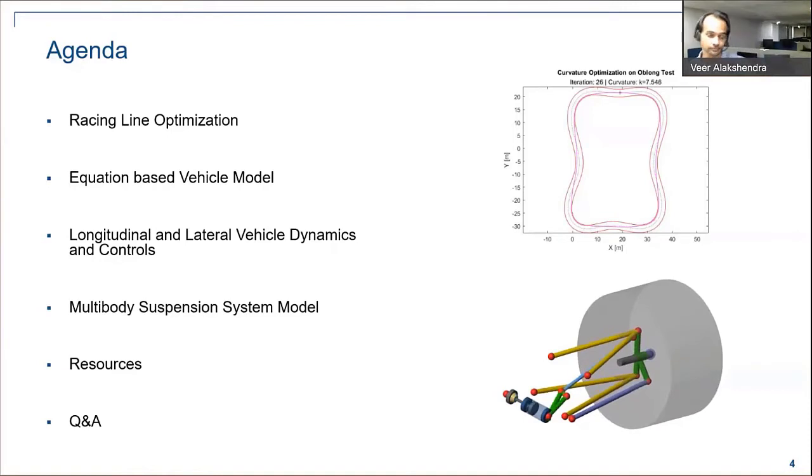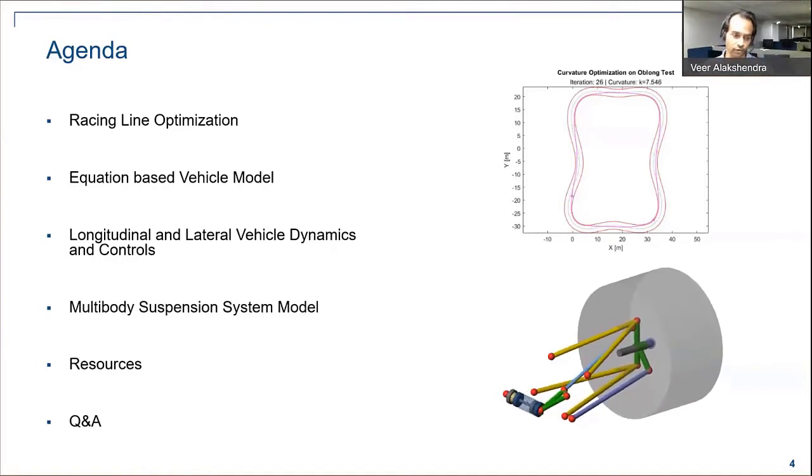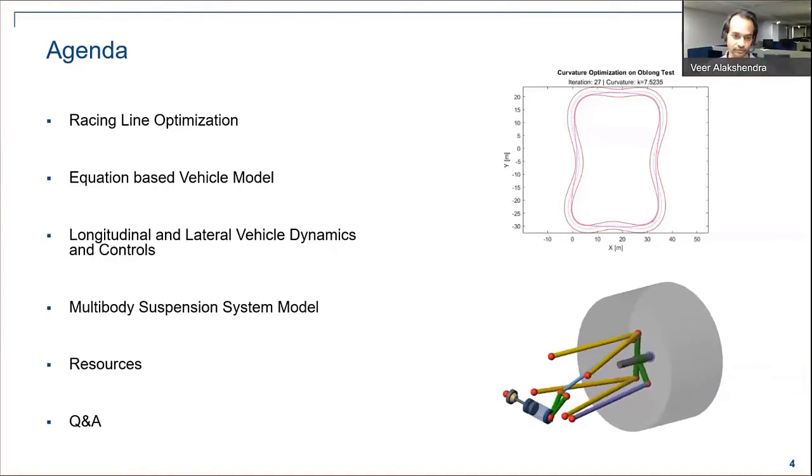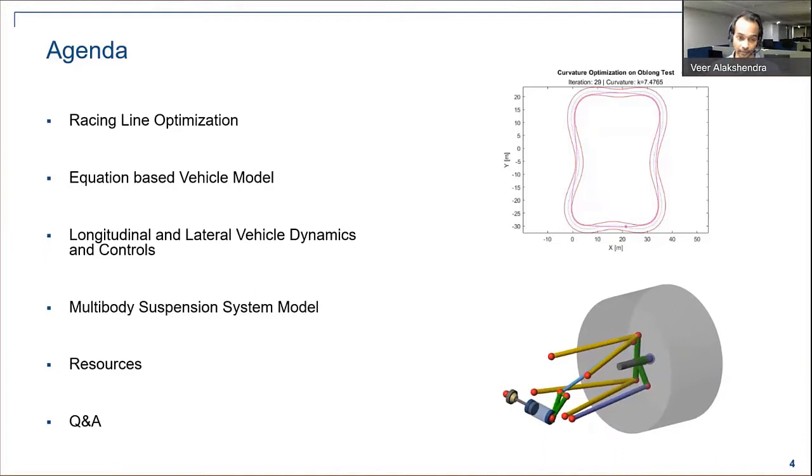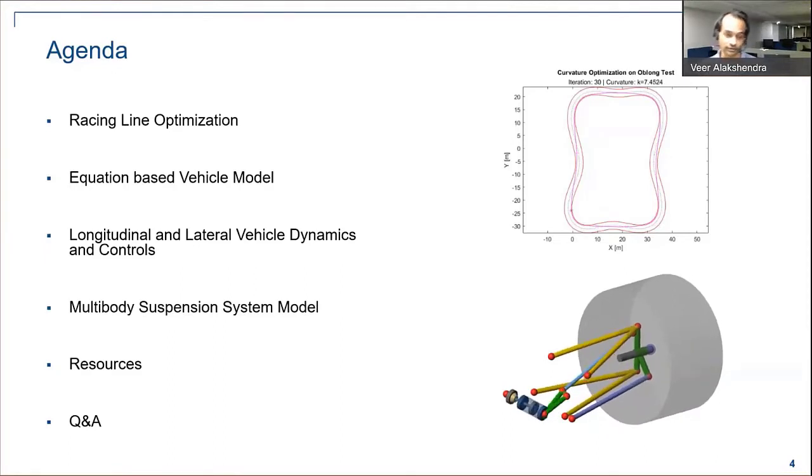Then we'll spend a good amount of time on the multi-body suspension system model, which will help you build a whole vehicle dynamics model using bodies, joints, and even CAD assemblies. Then we'll share some interesting resources, and then we'll have a Q&A session to answer your queries.